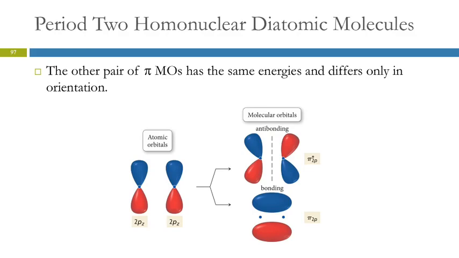Those form a sigma orbital, just like the sigma bonds that we saw in valence bond theory. And the side-to-side adding is a pi orbital, just like the pi bonds we saw in valence bond theory. So the only difference between these orbitals and the others that are formed by the pi p orbitals is the orientation. The energy is the same, just the orientation is different.